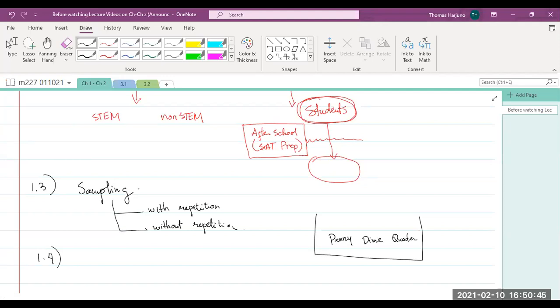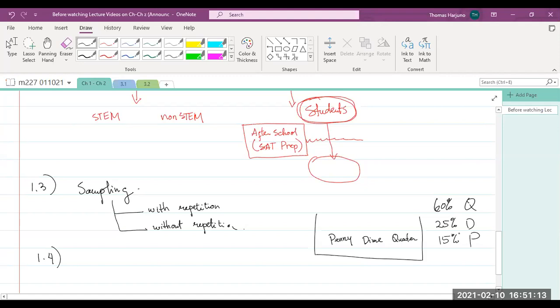Okay. Now, of course, this is with repetition. You need to do it many times, such that you can come up with a conclusion that, for example, 60% of the time, the quarter will come out first. Okay, and then 25% of the time it will be the dime, and then the other 15% of the time it's the penny.